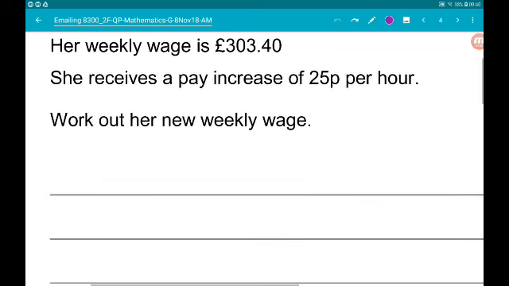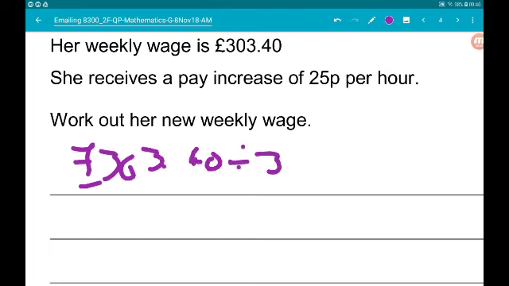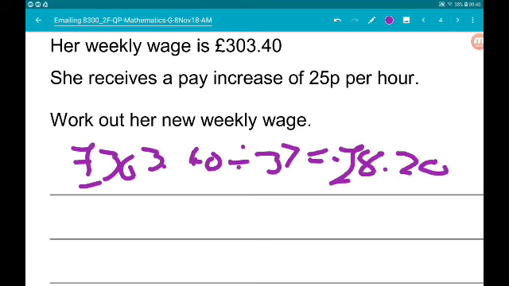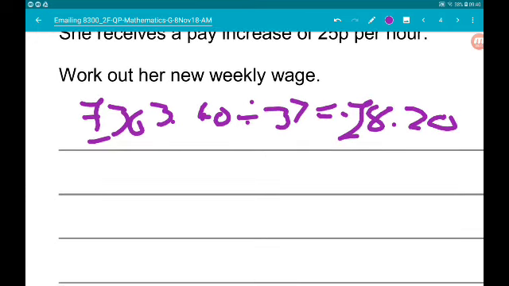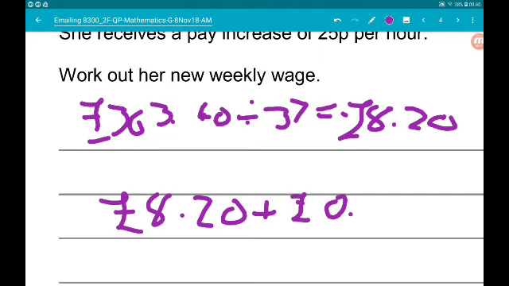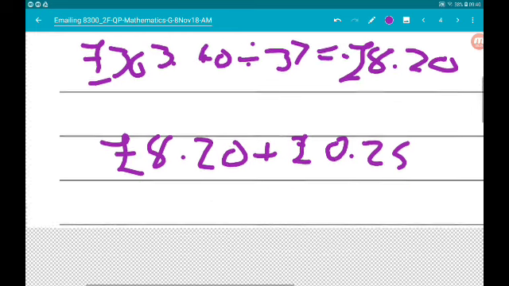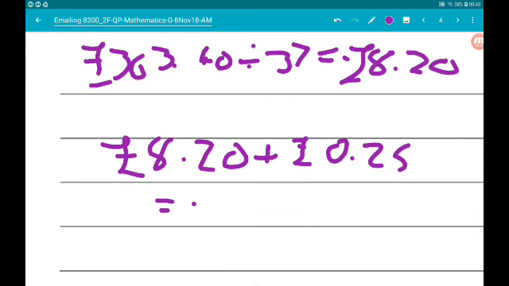So £303.40 divided by 37 is £8.20. Now, £8.20 add 25p, so that's £0.25, that is £8.45.